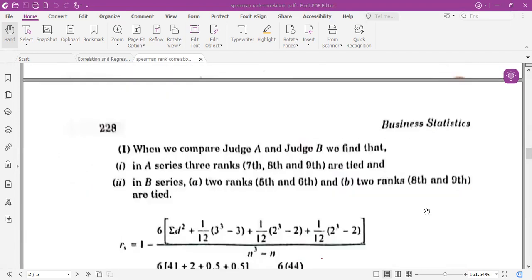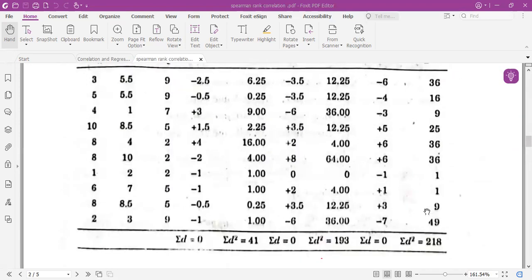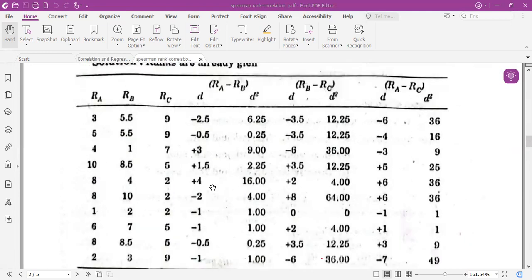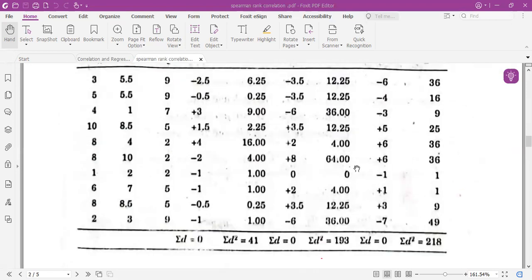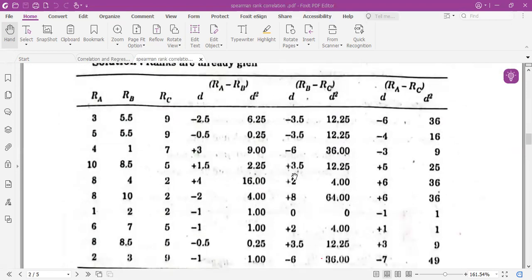When you look at this problem, you cannot calculate directly because some ranks are repeated. What are those ranks? When we compare judge A and judge B, we find that in series A, three ranks, 7th, 8th, and 9th, are tied up.